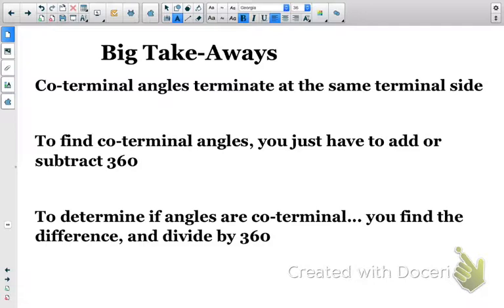And to determine if two given angles are coterminal, you find the difference and then divide by 360. If you get a whole number, a number without a decimal, then it is coterminal. If you do not, then it is not coterminal.